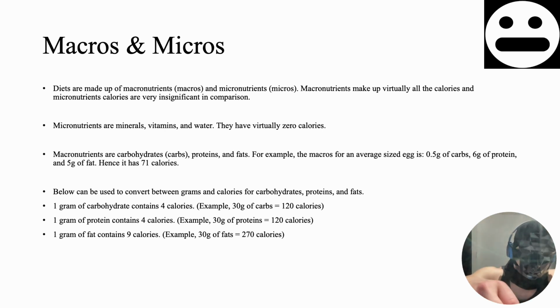Now here below, you can see on the PowerPoint, we can use this to convert between grams and calories for all the macros: carbs, proteins, and fats. Now, 1 gram of carbs has 4 calories. 1 gram of protein has 4 calories. 1 gram of fat has 9 calories. Be very careful. Now we know all the basics, we can move on.